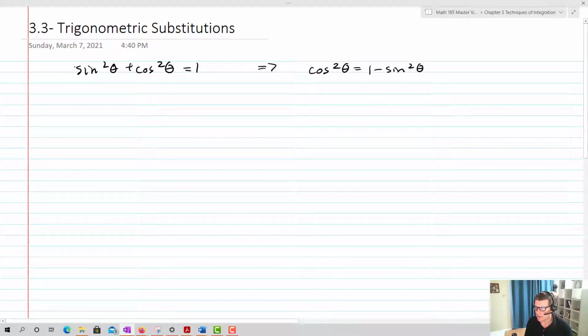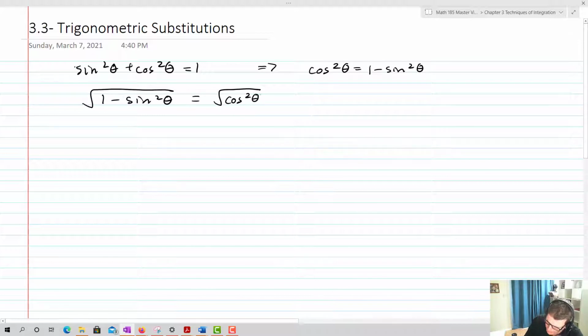So if I've got something like the square root of 1 minus sine squared theta, that ends up equaling the square root of cosine squared theta, because I can make a substitution, and then it equals cosine theta. That's how that works.